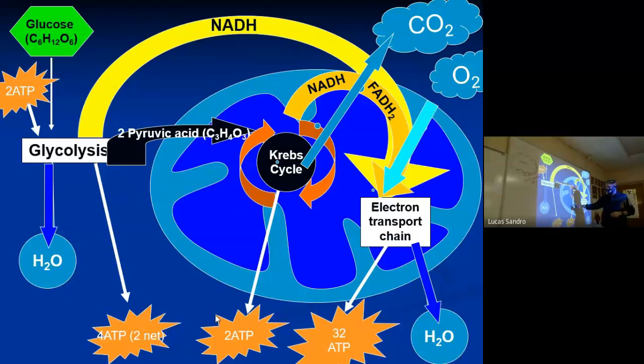And what's happening is that the protons are being pushed into this space here and then being allowed to leak back through here to make ATP. That makes sense? Any other questions before we talk about not having oxygen?